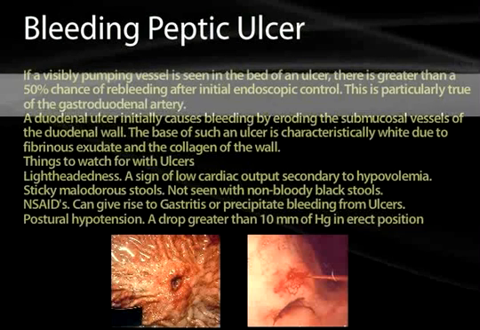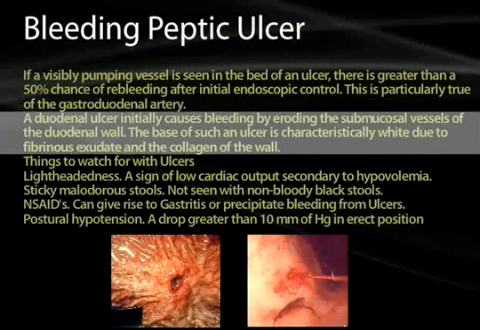You can also see a pitting with this duodenal ulcer that can be eroded away by the submucosal vessels of the duodenal wall. The base of these ulcers is characteristically white due to the fibrinous exudate and the collagen of the wall.